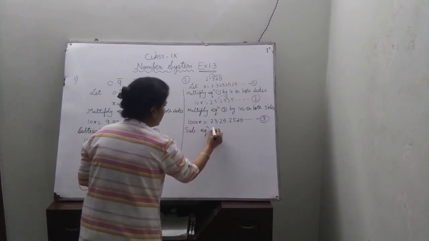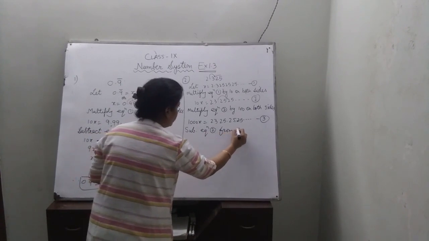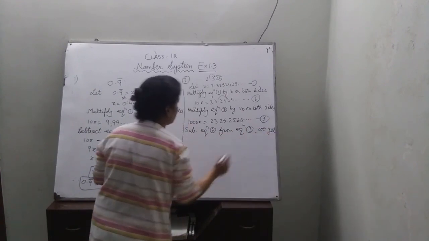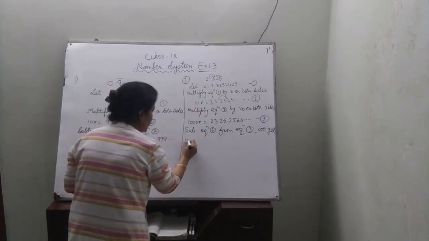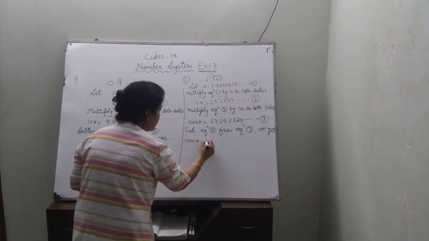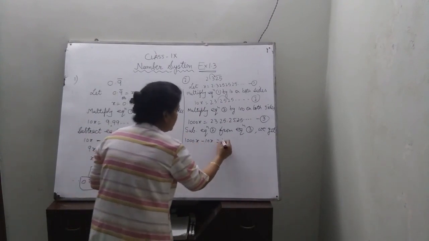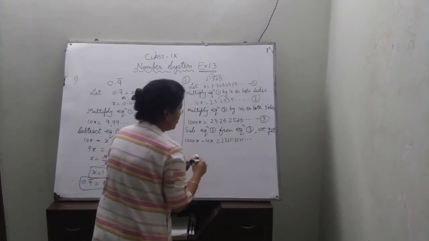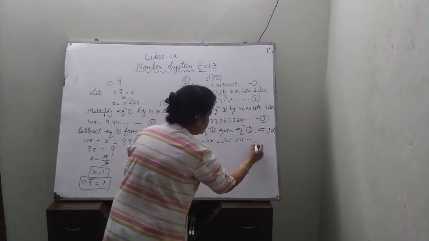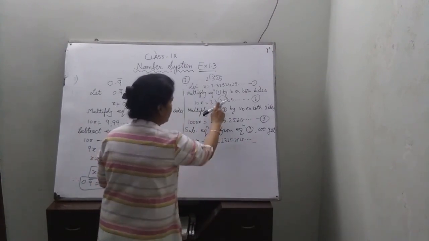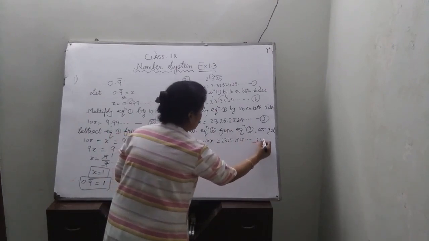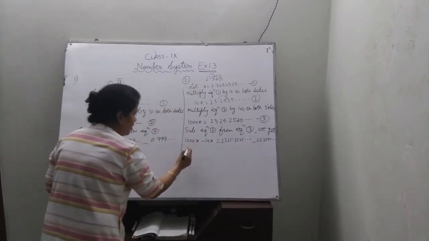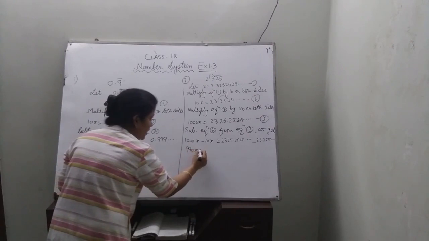Subtract equation 2 from equation 3, we get this minus this. 1000x minus 10x equal 25.2525 minus this one, and so on. Subtract it, you will get 990x equal.